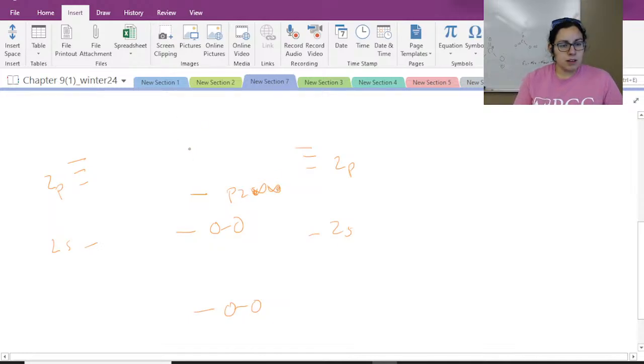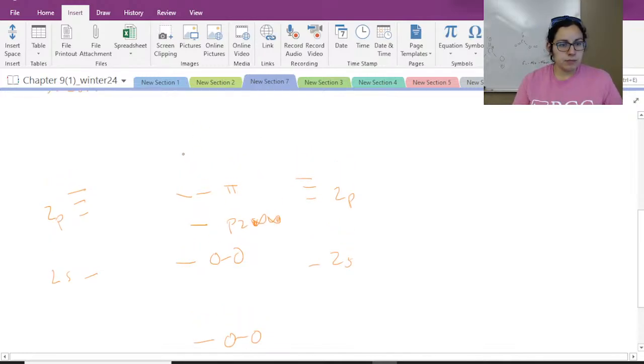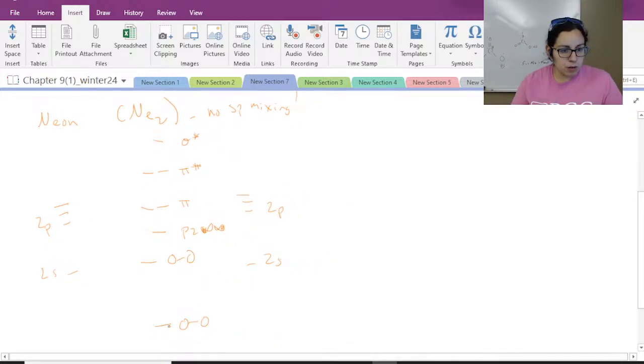Head-to-head interaction, then our degenerate pi bonding orbitals, then pi antibonding, then our sigma antibonding. Let me double check: 1, 2, 3, 4, 5, 6, 7, 8. So there's our not mixed diagram.